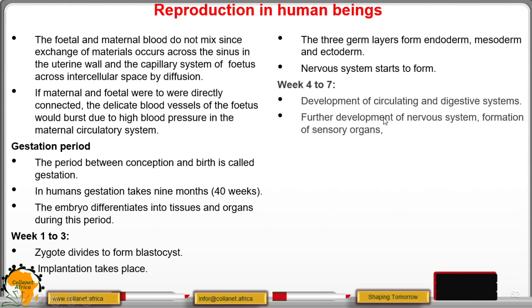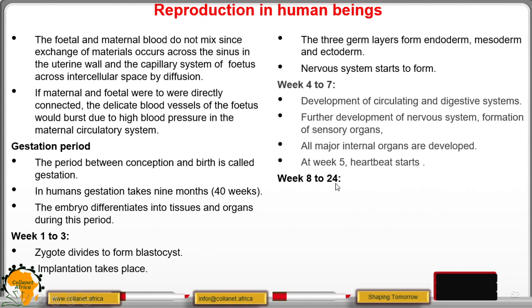We also have further development of the nervous system and formation of the sensory organs. By this time, all major internal organs are developed. Then, at the 5th week, the heartbeat is felt.